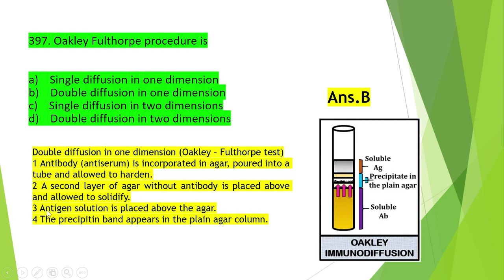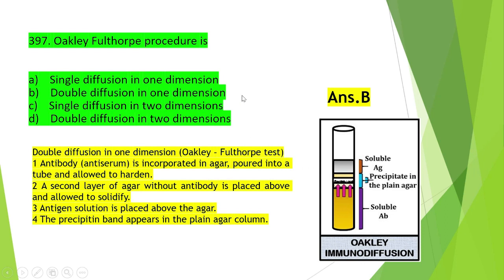Then the antigen solution is placed over the agar, so the precipitin band appears in the plain agar column. Okay, so this is the picture. Here you can see the agar is present first, then the soluble antibody, and the antibody will diffuse upward, and then the soluble antigen is added. So precipitation occurs in this region.